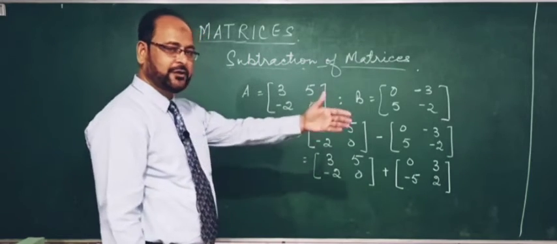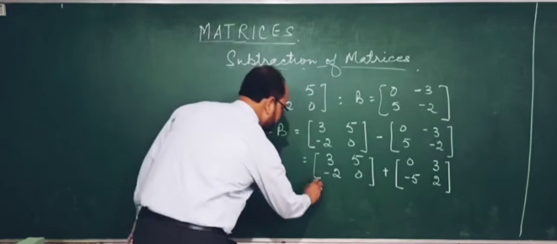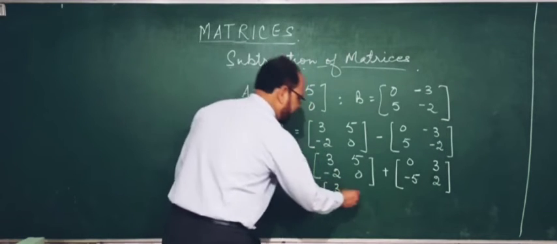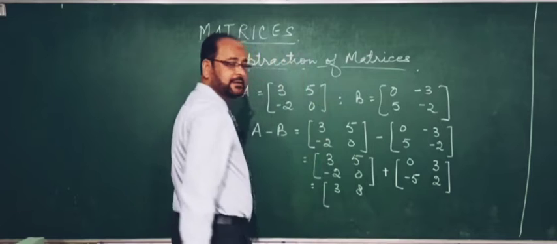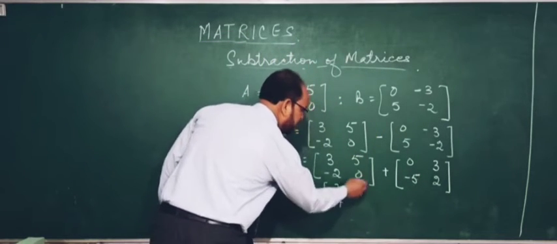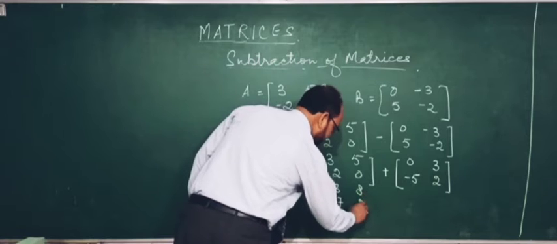Now it's very easy, you will add the corresponding elements. So 3 and 0, the sum will be 3, 5 and 3, the sum will be 8, negative 2 and negative 5 will be negative 7, and 0 and 2 will be 2.